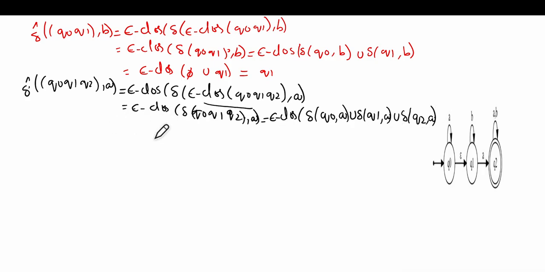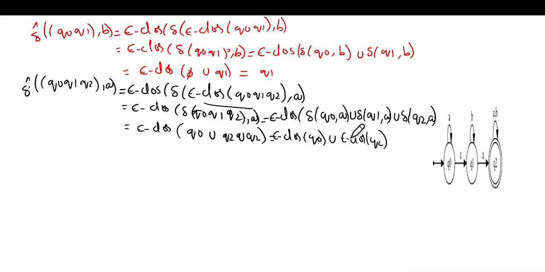So what we are going to get here is E closure of Q0 on A is Q0, union Q1 on A is Q2, Q2 on A is Q2. So we write it as E closure of Q0, we separate the outer bracket, union E closure of Q2.